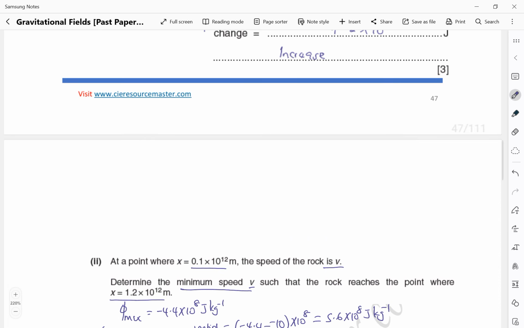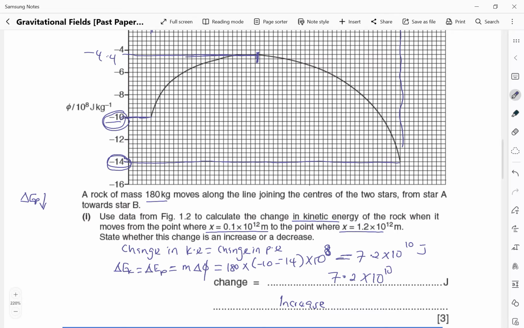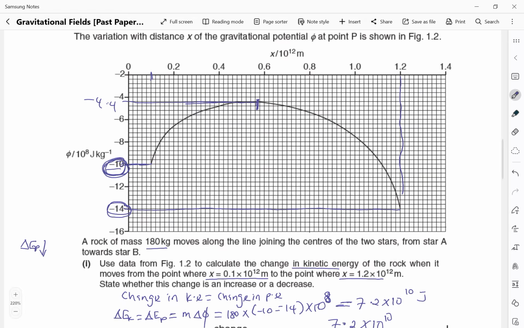We have considered just the section where the potential increases from -10 to -4 to the maximum value. From the graph, the initial change in potential energy is an increase, because the maximum potential energy is -4.5 and the initial potential is -10.